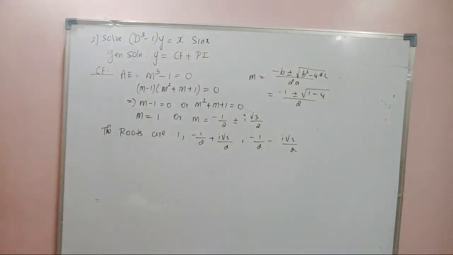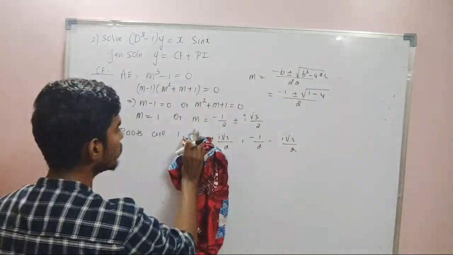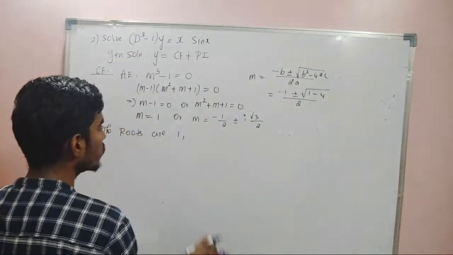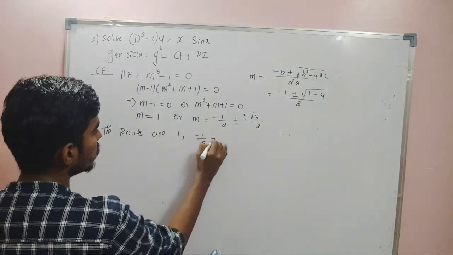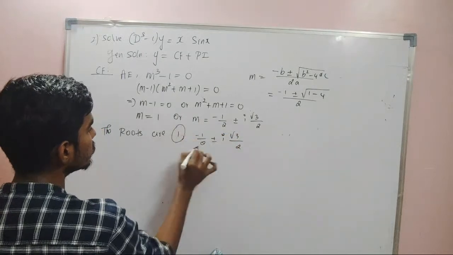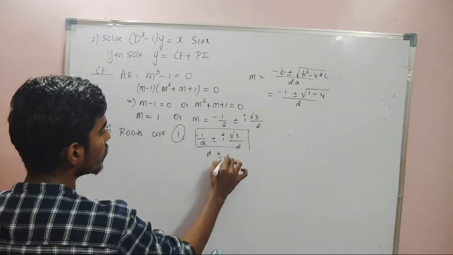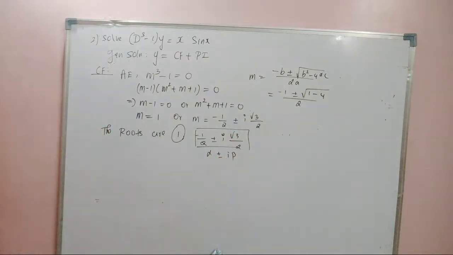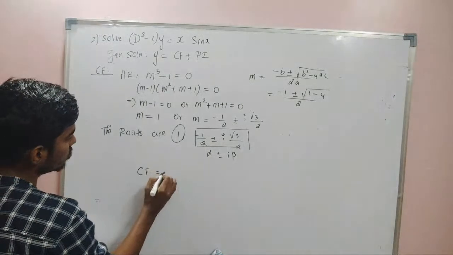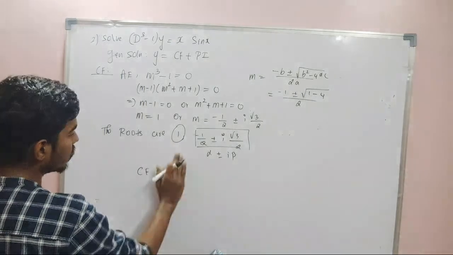You can see one is real and the others are of the form alpha plus or minus i beta. I already discussed how to find the complementary function in this case, so this will be e power ax, and then you write some constants.